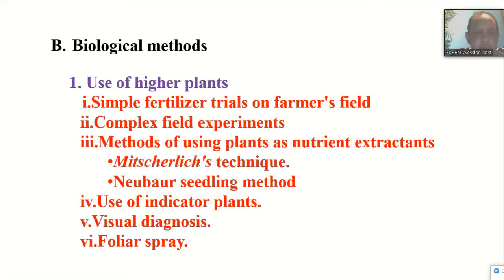You can perform visual diagnosis by looking at the leaves or stems, and that can indicate the deficiency of nutrients. Another technique is foliar spray, which means we can spray some nutrients on the leaves or stems.